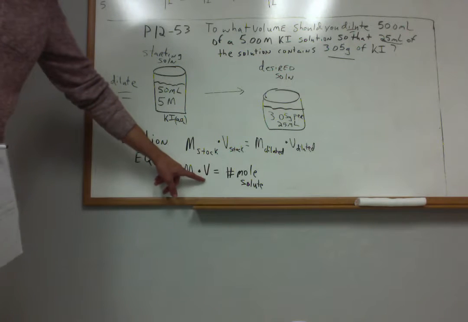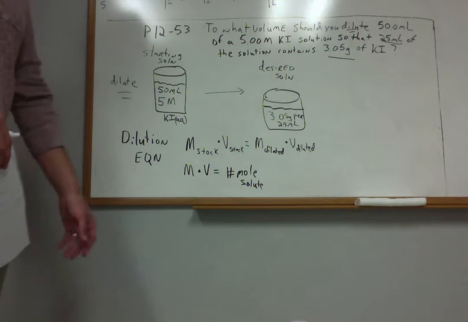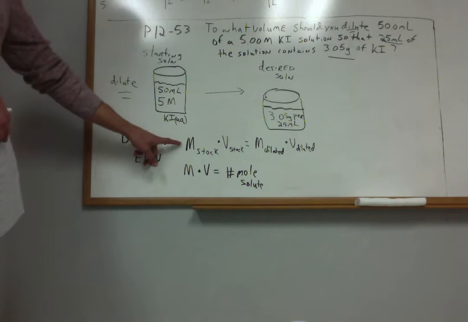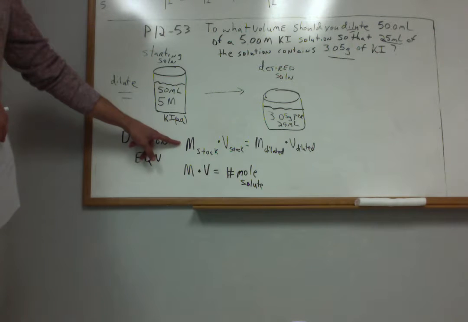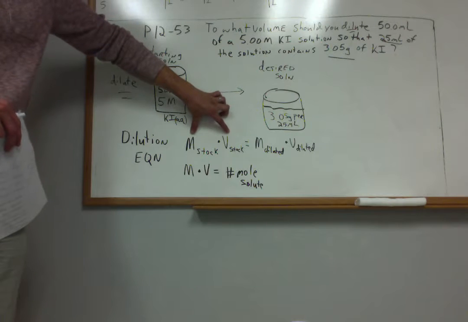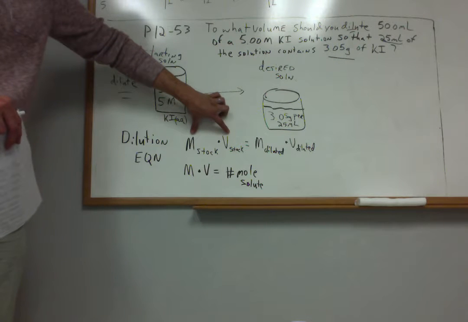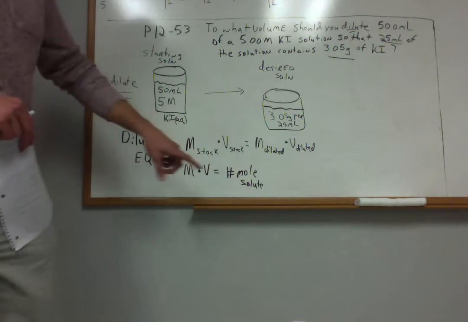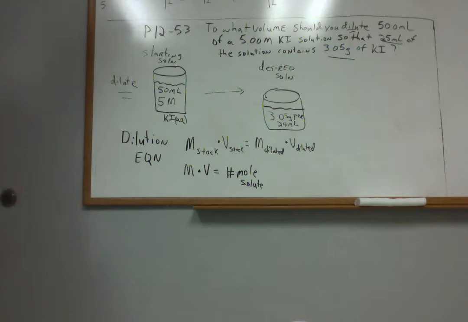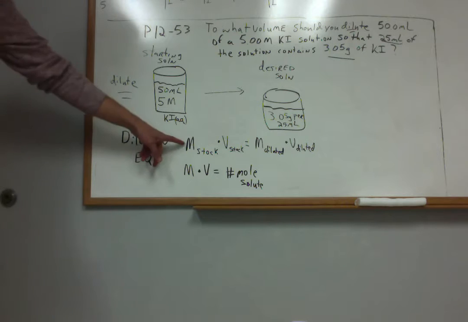So moles per liter times liters always equals number of moles of solute. So this equation sometimes is kind of confusing to people, but it's really just a conservation of mass, conservation of number of moles type of equation. It's basically saying that when you make a dilution, the number of moles of the stock solution that you use ends up in your dilution.